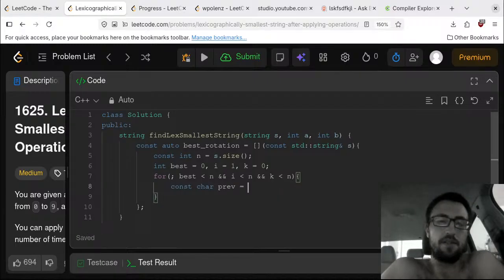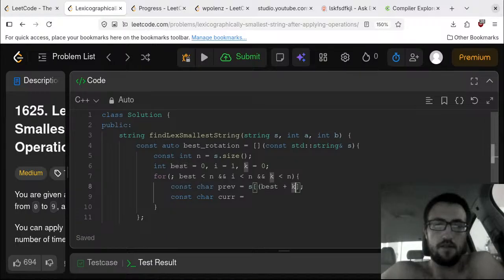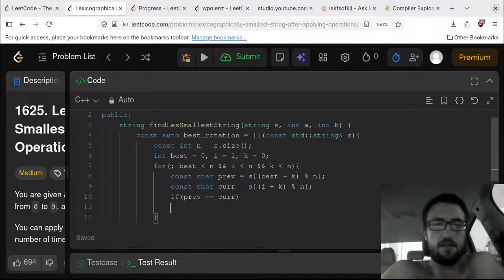Previous is going to be s of best plus k mod n, and current is going to be s of i plus k mod n. We say if previous is equal to current, then increment k and continue.